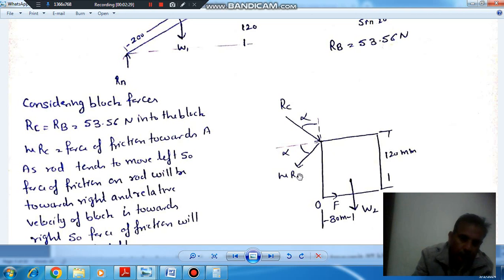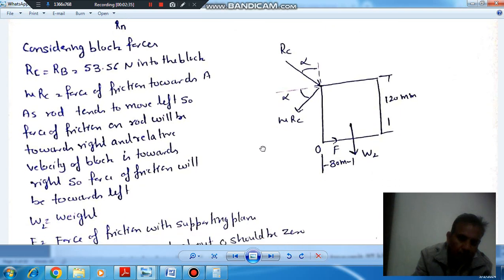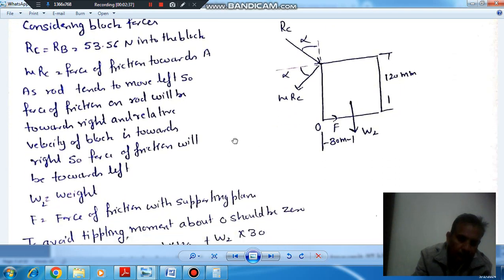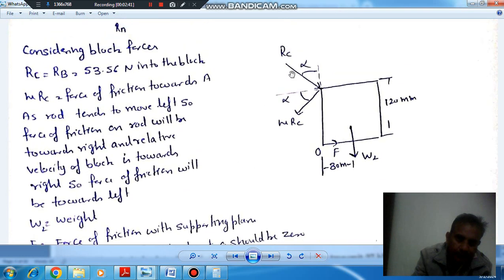Okay, so to avoid tipping of the block, the moment about O should be 0. Now RC sin alpha is this component, and mu RC cos alpha is also this component. This is positive, this is negative.